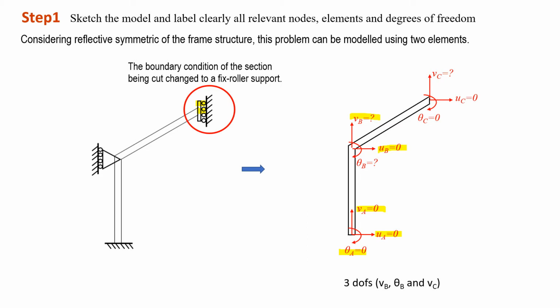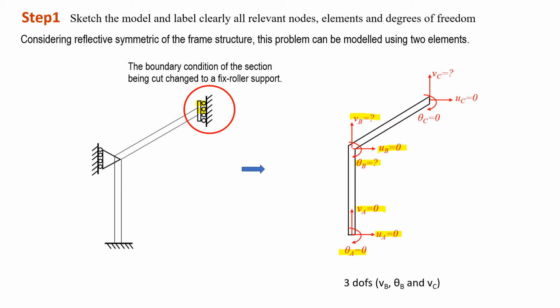so it will have rotations. Remember, pin roller support will still have theta B because it's a pin joint. While point C is a fixed roller support. So you must see the difference between pin roller support and fixed roller support. When we talk about fixed roller support, the keyword there is fixed.